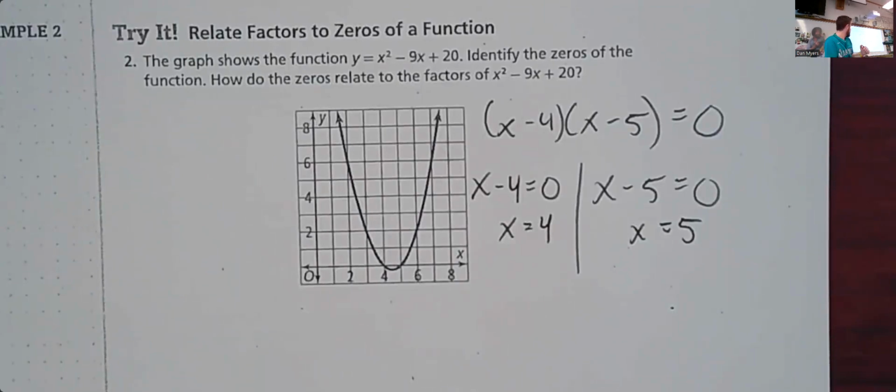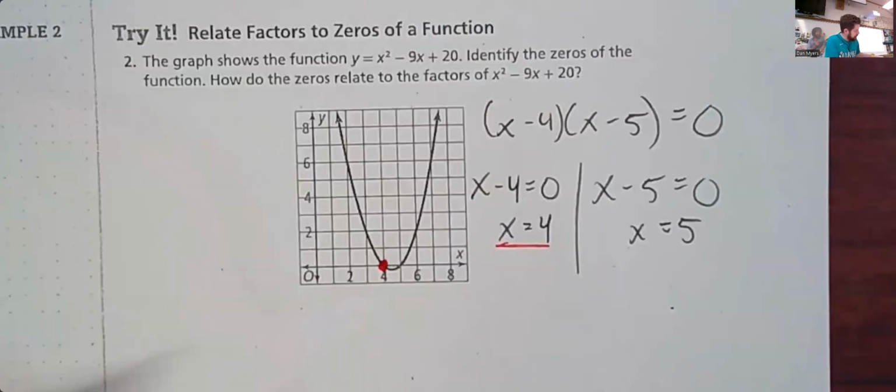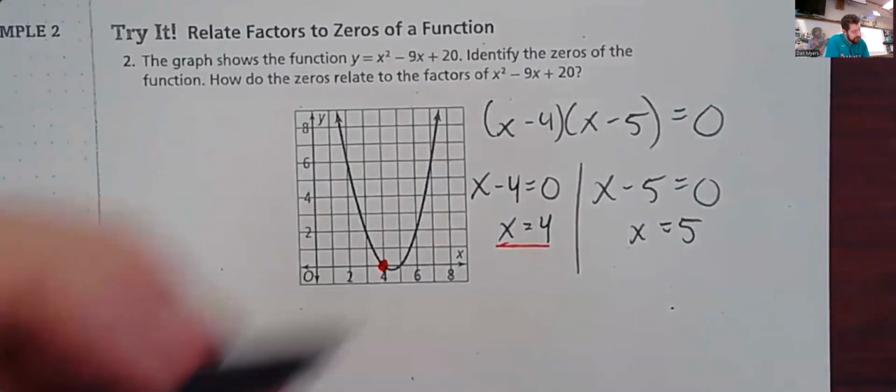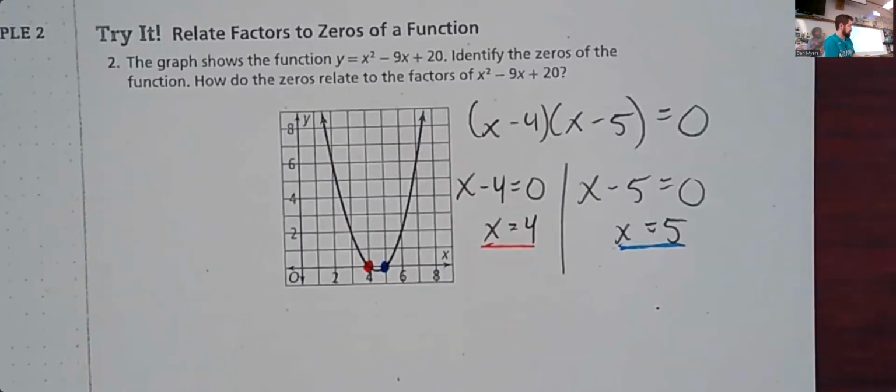And you can see on our graph over here, I'll do a red dot for the x equals 4. And I'll do a blue dot for the x equals 5. Those are the zeros of the function. So anytime you want to figure out where the graph crosses the x-axis, that's how you can do it. So try A and B on your own.